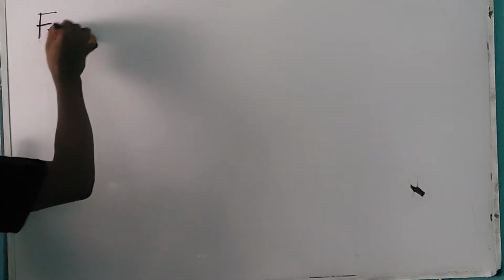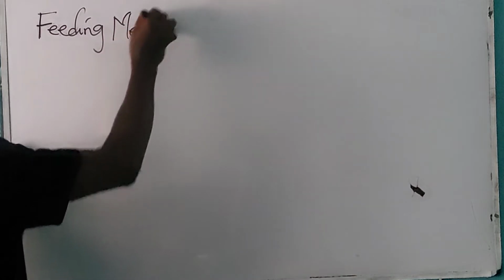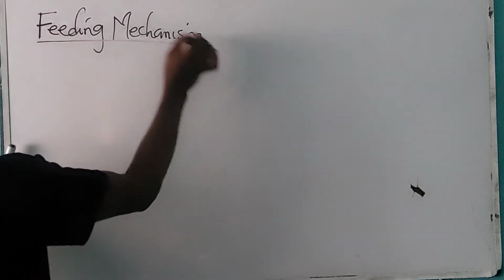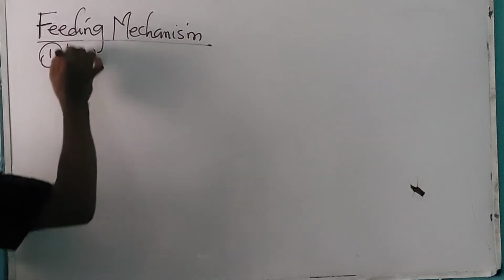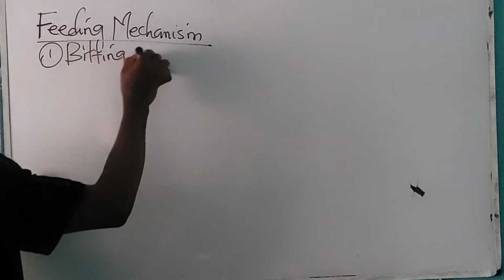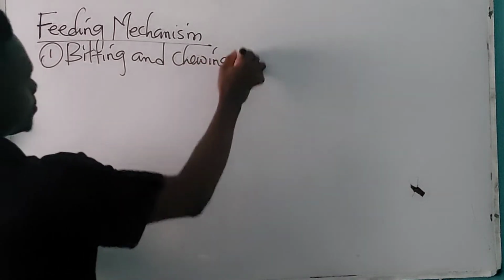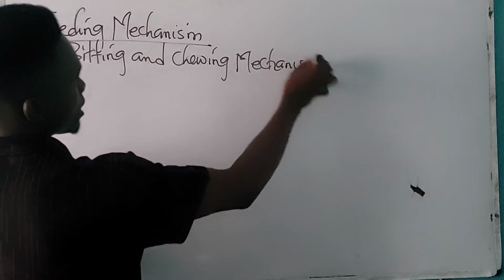Okay, so let us take it. Feeding mechanism. Now I'm going to be taking it bit by bit. Number one, I'm going to be taking biting and chewing mechanism.